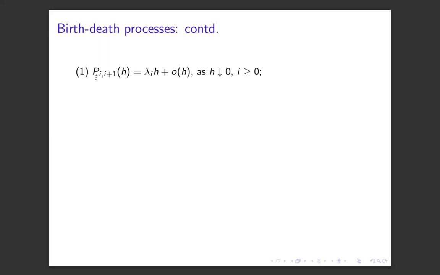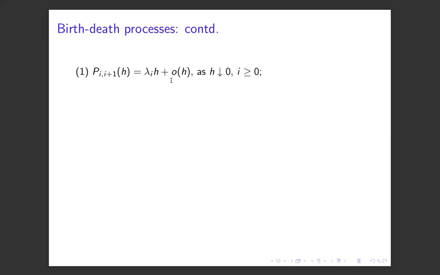Let's say the probability of reaching i+1 from i in a small span of time h is roughly proportional to the length of that interval. In this sense, it is lambda_i times h plus o(h).